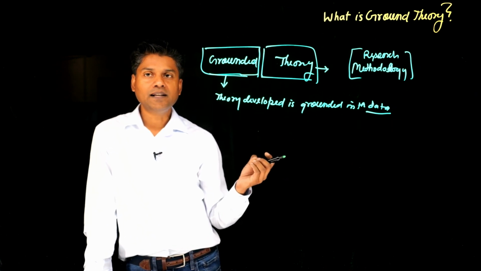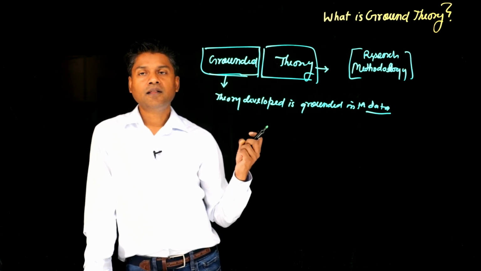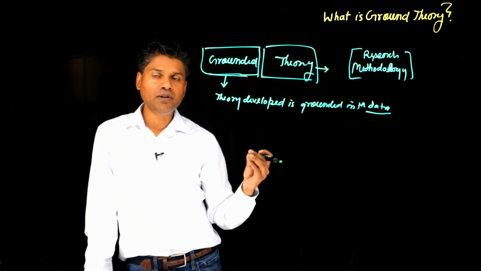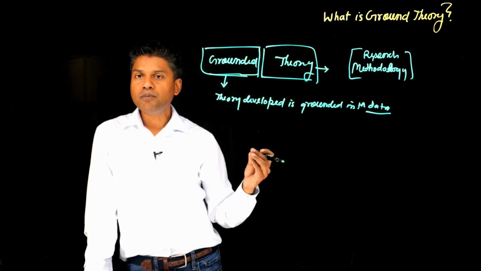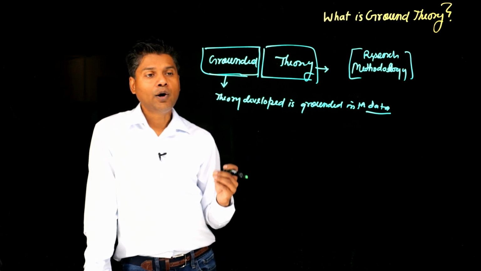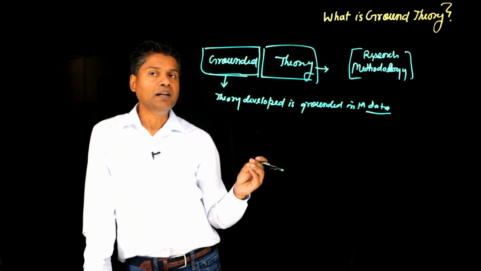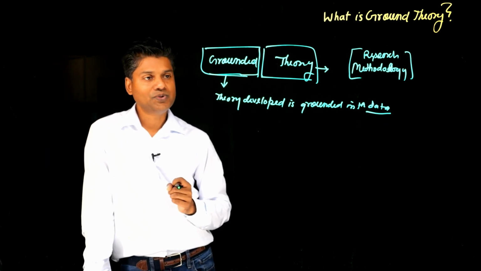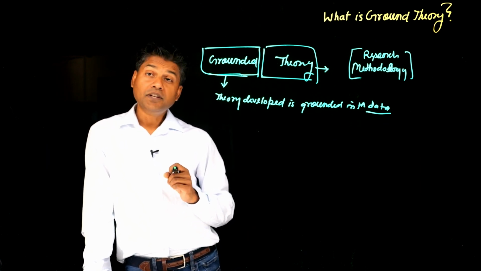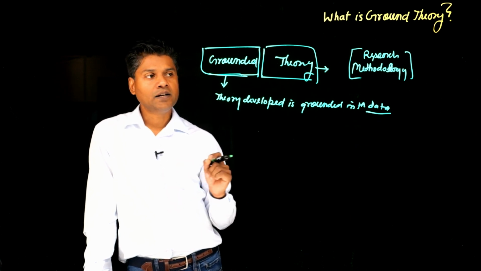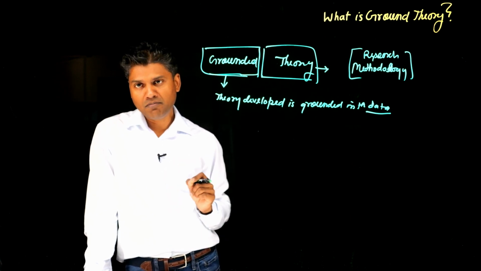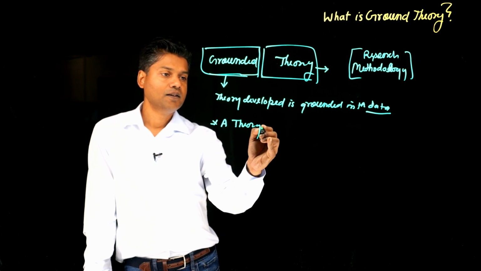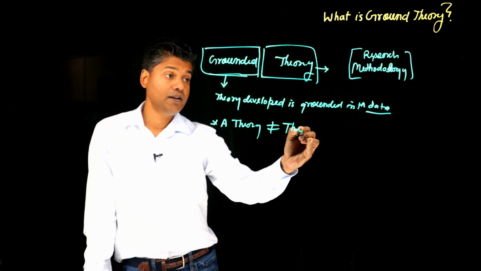But in social sciences, theories obviously provide a framework to understand human behavior, to understand a social phenomenon. However, their power of generalizability is not as high as you would see in hardcore sciences. Another thing to keep in mind is that the theory developed through grounded theory methodology is a theory and not the theory.